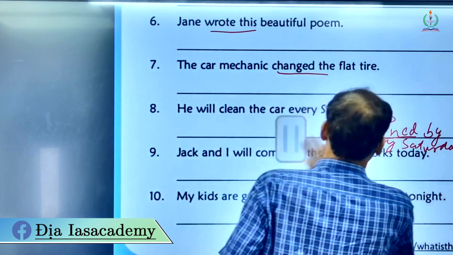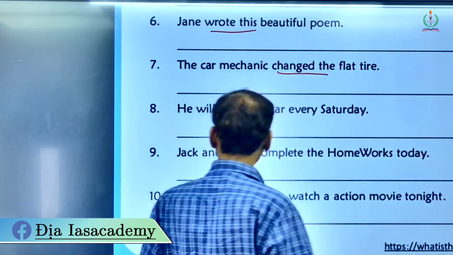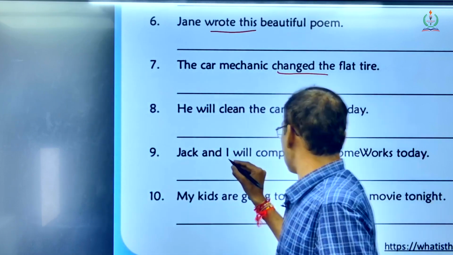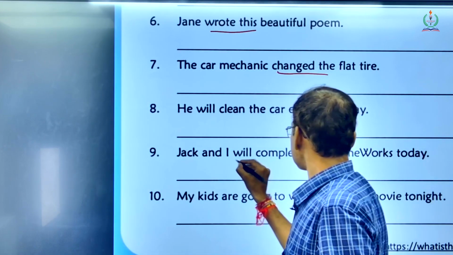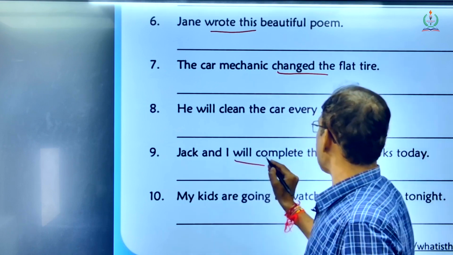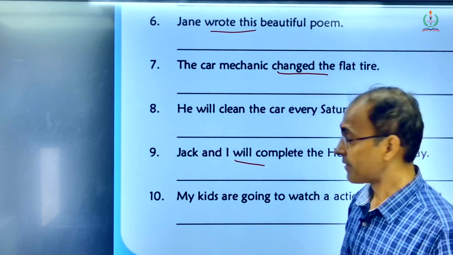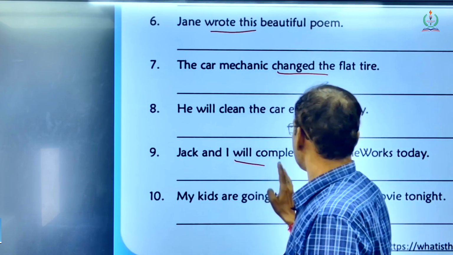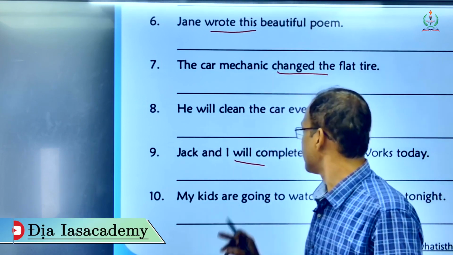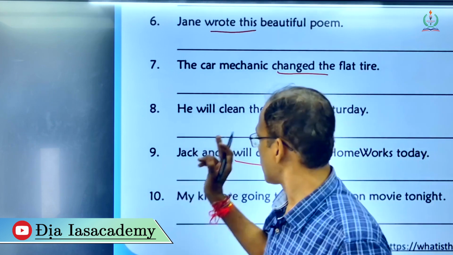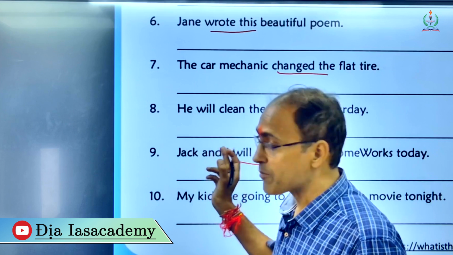Now getting back to the 9th question, again the verb is in similar form. Jack and I will complete the homeworks today. Here the verb is in future indefinite form. Similar concept will be applied over here.